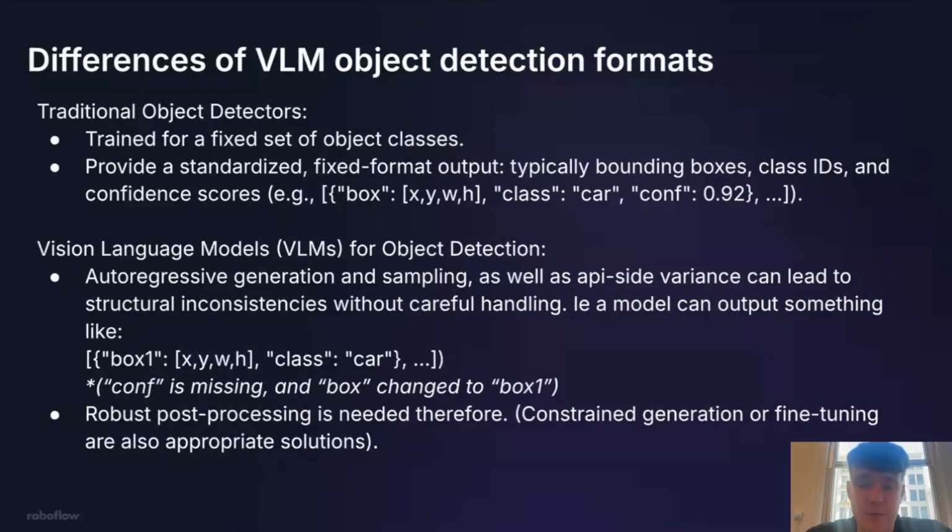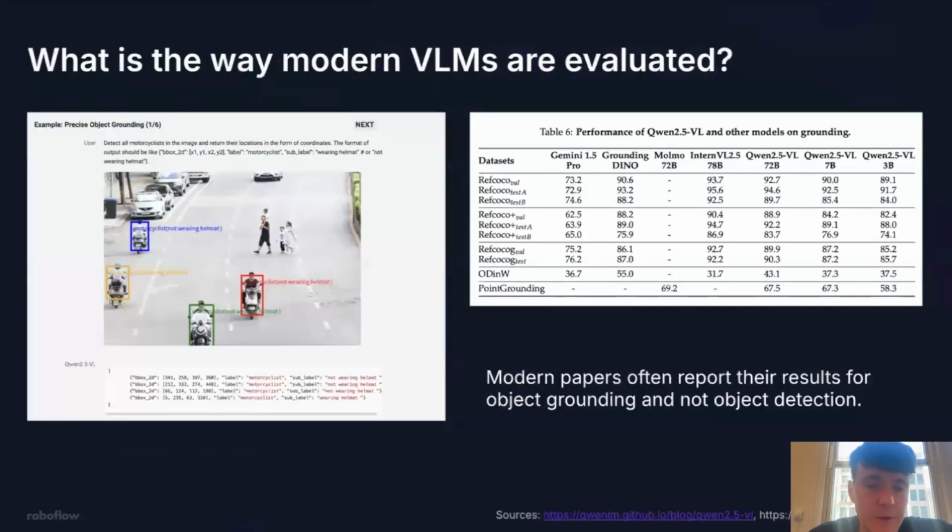So it's very important to do some sort of post-processing to actually get valid predictions, or try to make it do constrained generation or fine-tune it to output the specific shapes. But the official guidance right now in the tutorials is to just do regular prompting. And so we've stuck with that for this work.